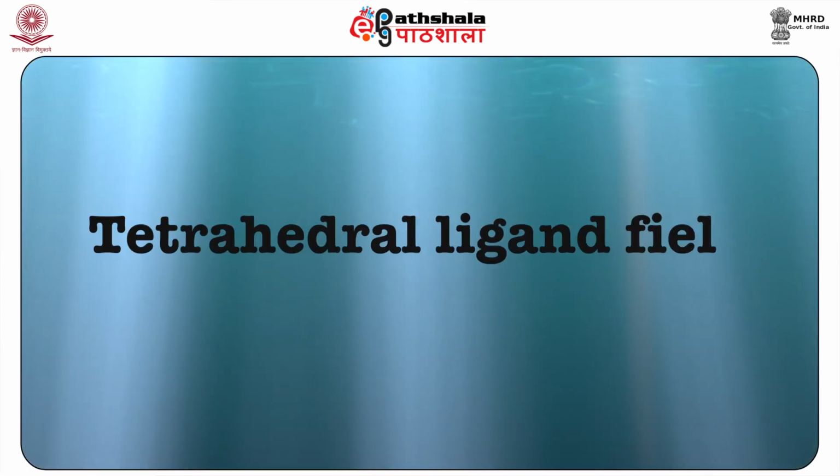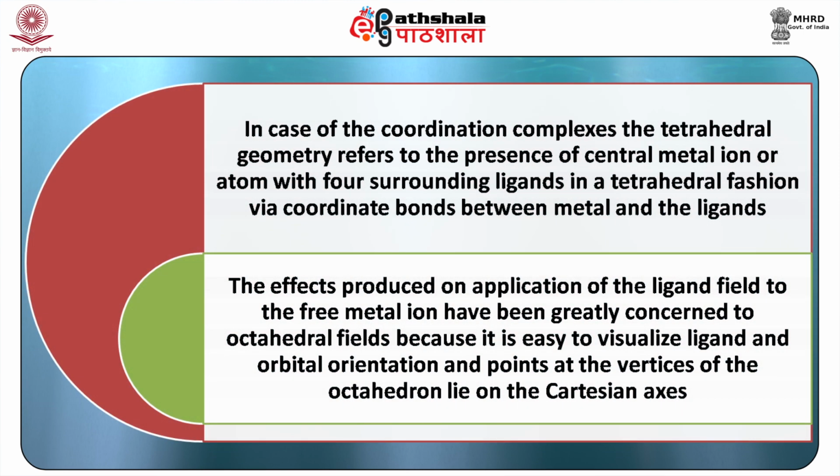The next thing we will discuss is the tetrahedral ligand field. In the case of the coordination complexes, the tetrahedral geometry refers to the presence of a central metal ion or atom with four surrounding ligands in a tetrahedral fashion via coordinate bonds between metal and the ligands.